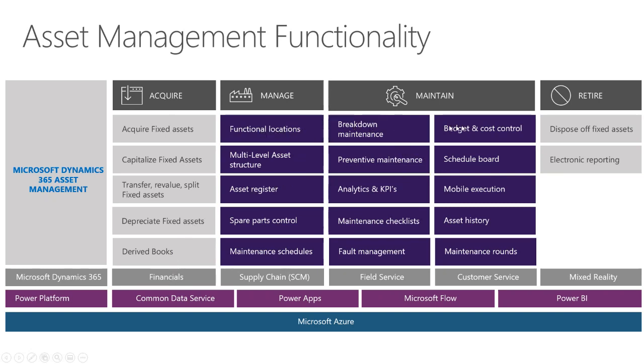And then all these purple boxes are the new functionality we have added as part of the asset management module, which allows you to define your functional locations, define a structure of an asset, and then schedule maintenance and create your work orders, maintenance checklists, and maintenance rounds.